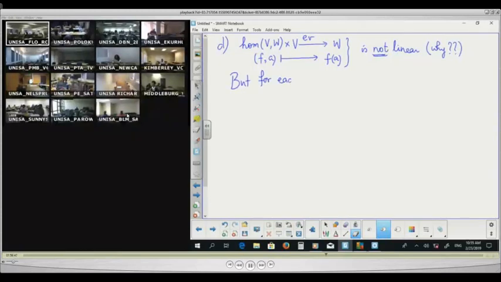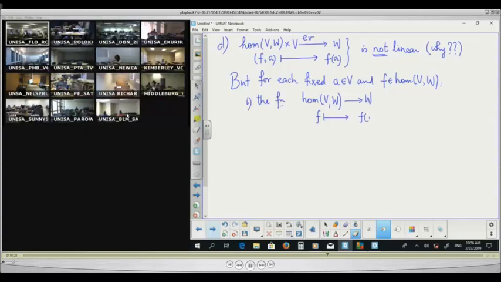Not linear, but for each fixed A and F, the function is linear.